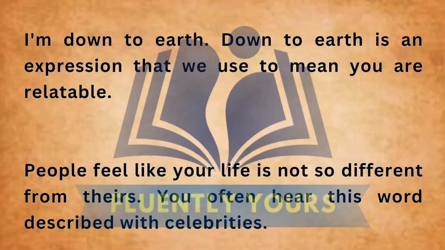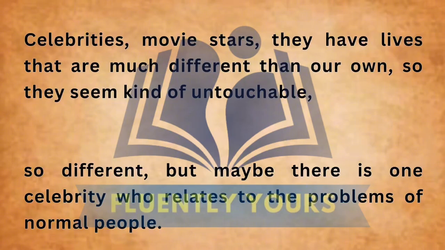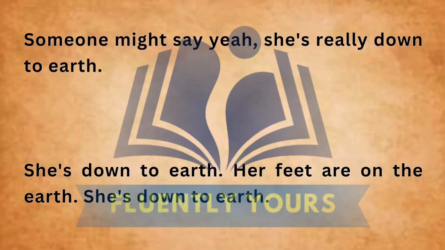You often hear this word described with celebrities. Celebrities, movie stars, they have lives that are much different than our own, so they seem kind of untouchable. So different, but maybe there is one celebrity who relates to the problems of normal people. Someone might say, yeah, she's really down to earth.